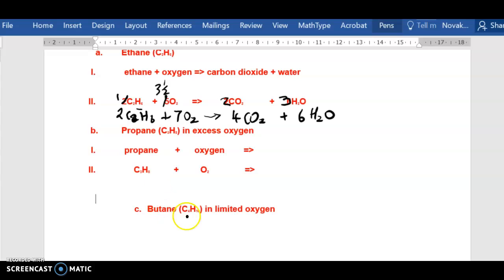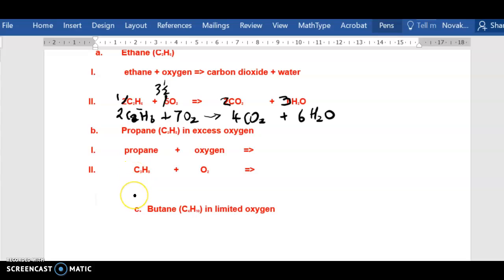While the butane is in limited oxygen, so then we're going to end up with the carbon monoxide. So review your textbook and see if you can write the equation. Remember, you're not expected to know that, but you should know how to write the oxygen, the carbon dioxide, the water, or the carbon monoxide.